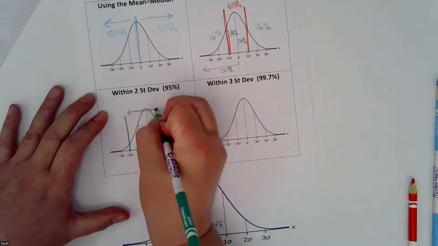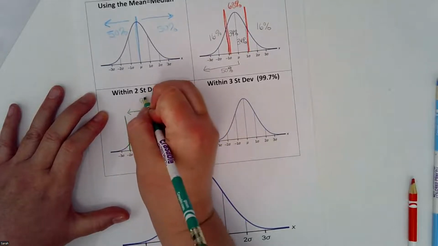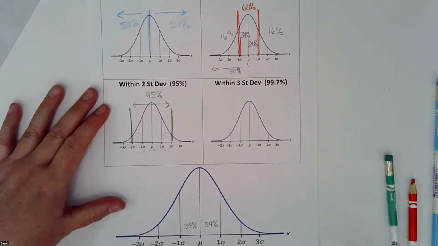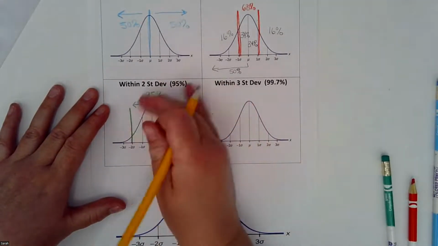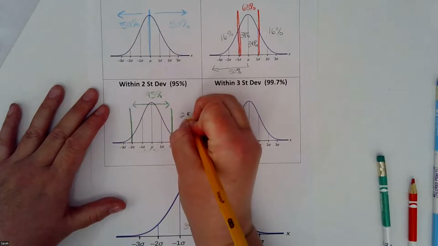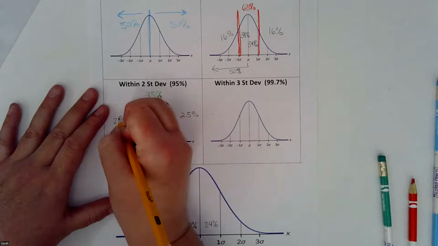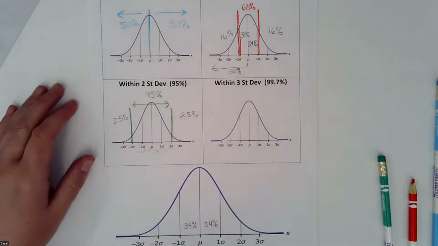So we know that this is 95%. And then that leaves me with 2.5% on each side. So there's a total of 5% left over, and then I have to split it between those two sides. So each side here is worth 2.5%.